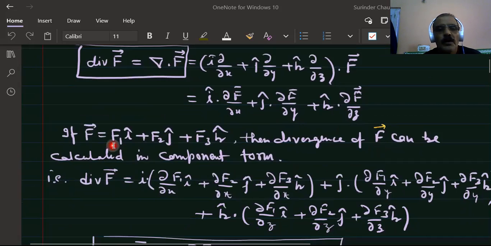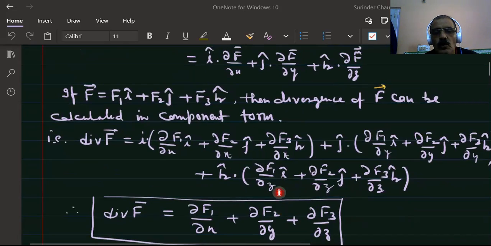Now, if f is given in component form in this three-dimensional coordinate system, then divergence of f is given by i dot partial derivative of f vector with respect to x, plus j dot partial derivative of f with respect to y, plus k dot partial derivative of f with respect to z.